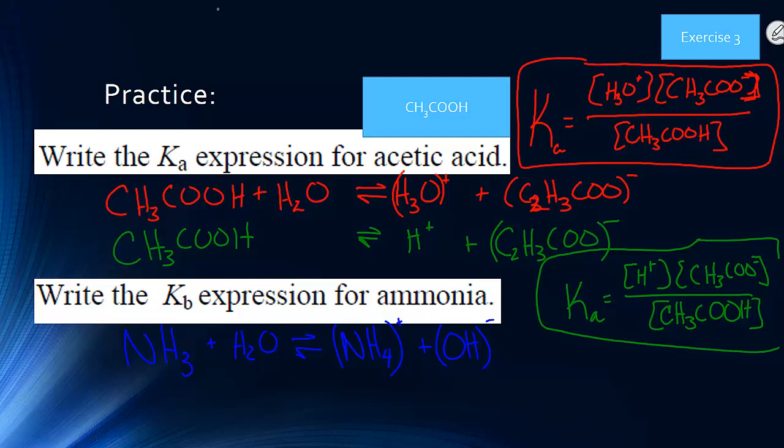So to write the equilibrium expression, it's going to be products over reactants, and again, while water is part of this reaction, it is so heavily concentrated it will not be part of our equilibrium expression. And since we make hydroxide, this is a Kb, an equilibrium position for a weak base.